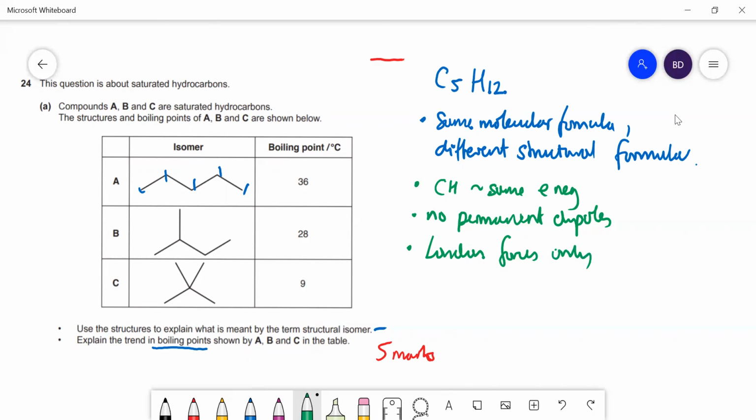Now, the London forces are going to be bigger when the molecule is a straight chain, because you've got more points of contact between molecules.